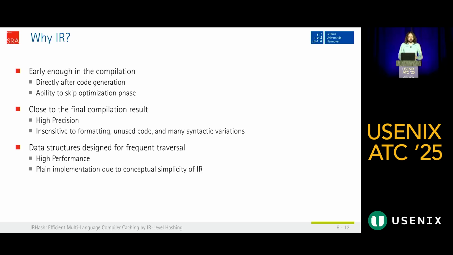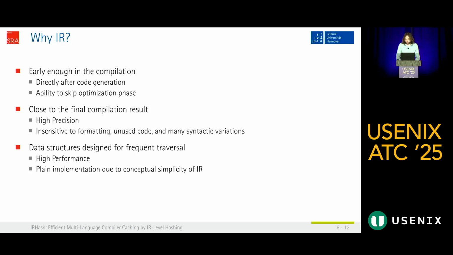Data structures are designed for frequent traversal because that's what the optimizer does. So we can expect high performance and also a plain implementation due to the conceptual simplicity of IR. So in the end, the idea is to get the upsides from cHash and the simplicity from cCache.